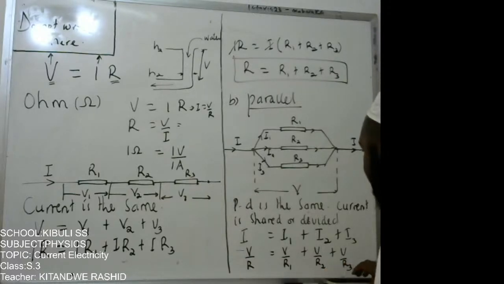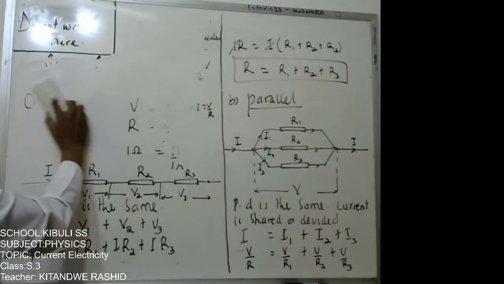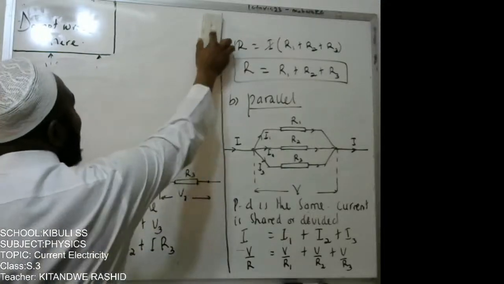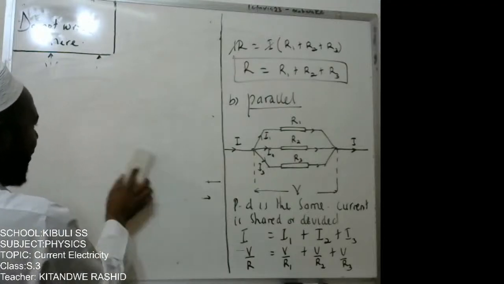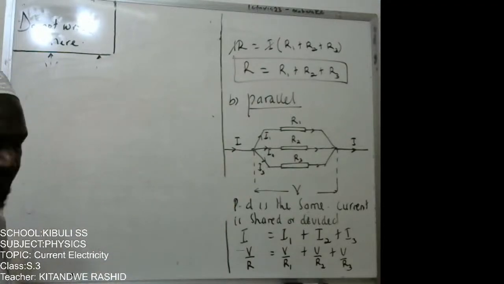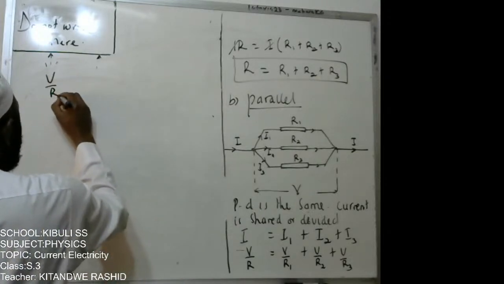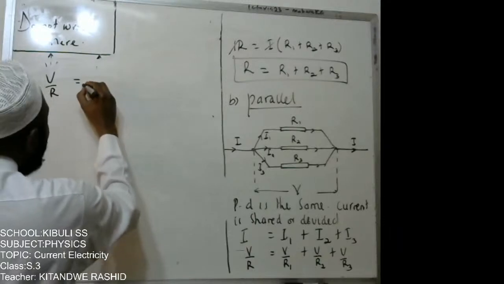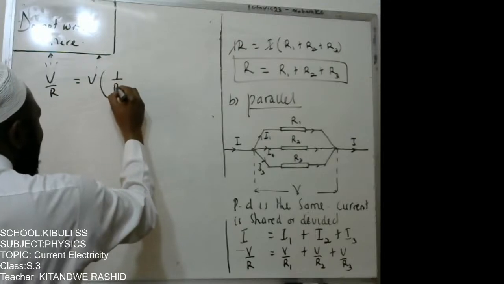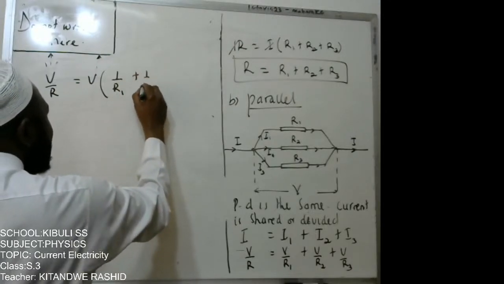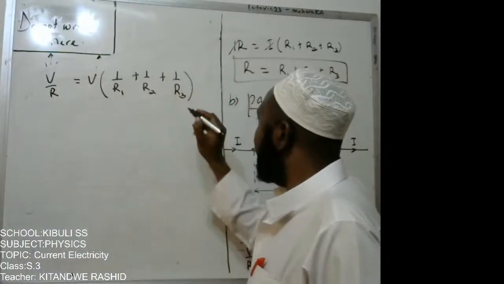So, since PD is the same, what we are going to do, we factorize out the V. Once we factorize out the V, we are going to come up with I equal to V times, the V is common, we bring it up, we factorize it out. Inside we remain with 1 over R1 plus 1 over R2 plus 1 over R3.